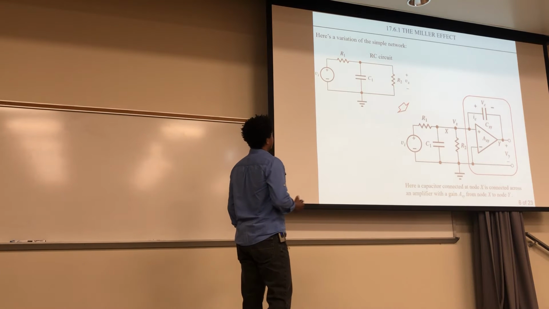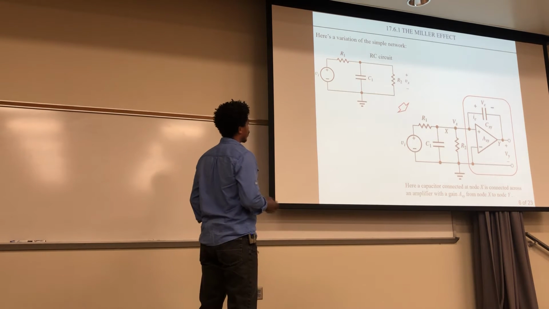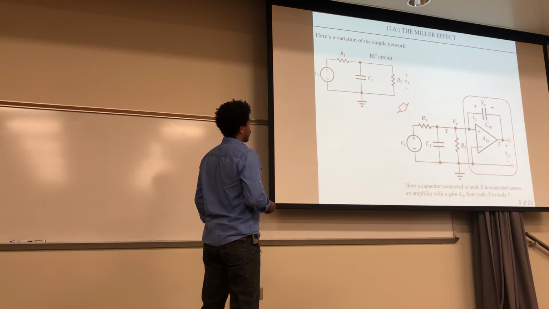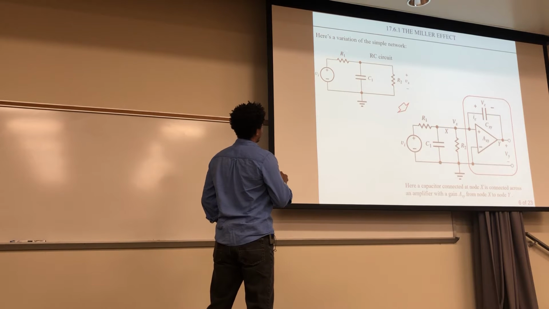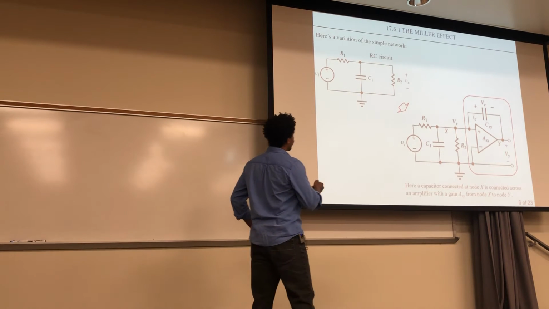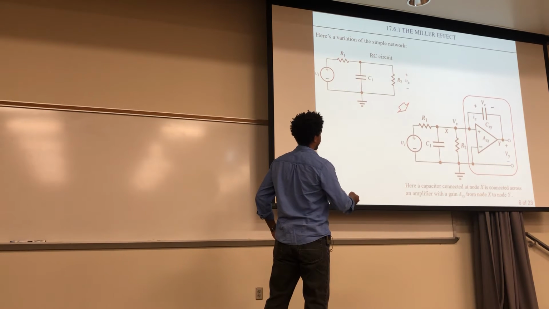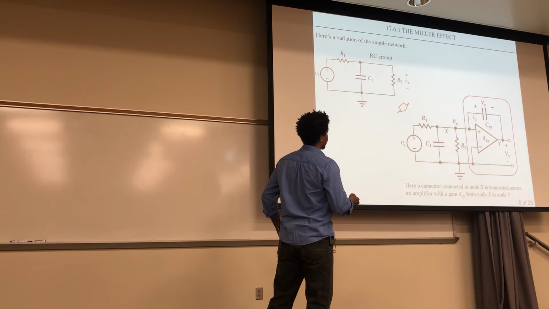Now, to make the modification for some further analysis, and this is getting into the Miller effect, we had taken our RC circuit and we added onto it this piece right here in this red block. So it consists of an amplifier with this capacitor as feedback.